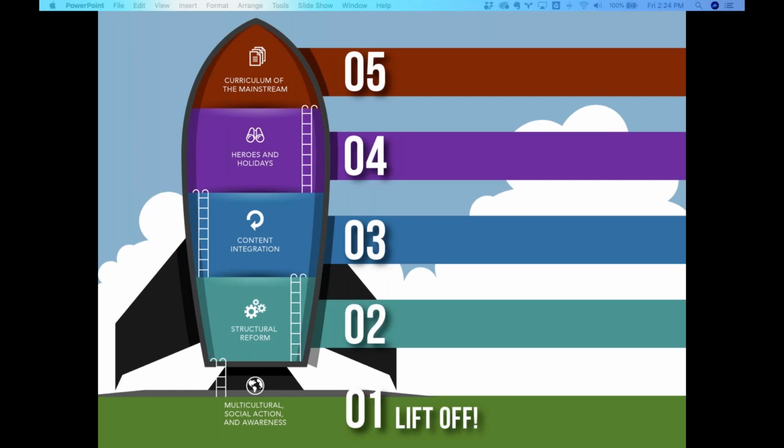This is where indigenous and non-dominant materials and points of view are interwoven with the existing knowledges to allow students to experience curriculum through various cultural lenses. At this stage, teachers are continuously researching and sourcing materials that represent different perspectives and diverse cultures. And it really decenters the curriculum of the mainstream.